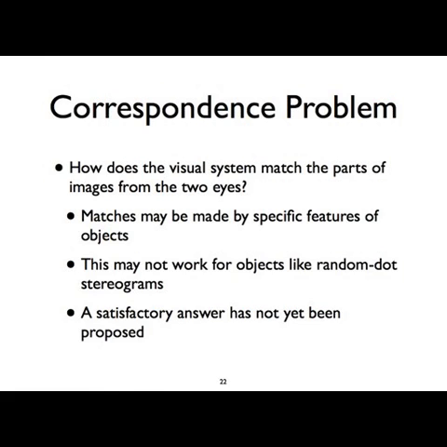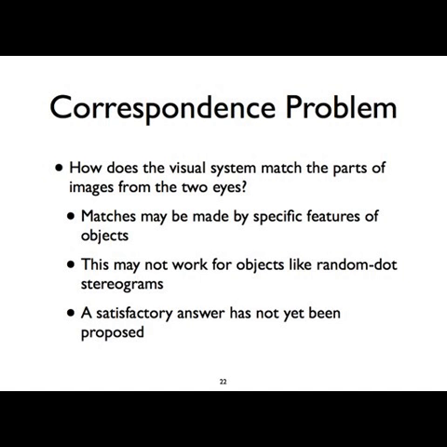All right, so back to the correspondence problem. The correspondence problem is how does the visual system pick out the corresponding images on the two different retinas? So you've got this angular disparity. How do you know that it's not the same thing just at a different plane, or is it two different things at the horopter? Right.